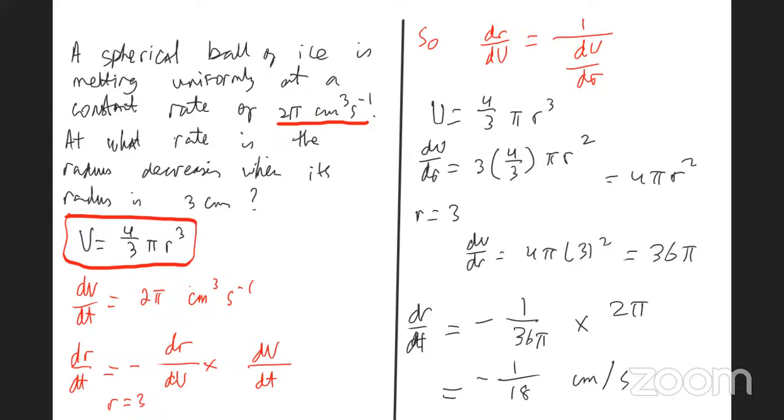Let's try a few. You have to pass these around. One over, because we needed dr/dV. When you differentiate, we got dV/dr, so you have to flip it over.